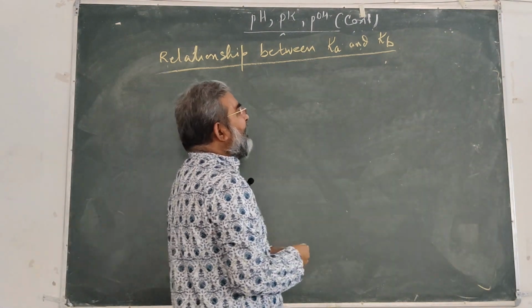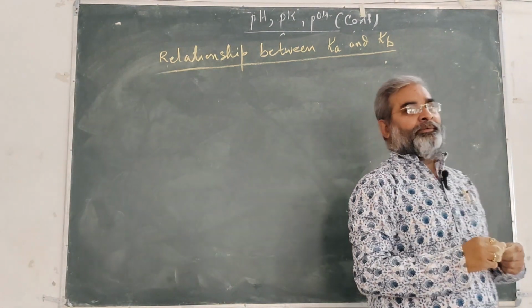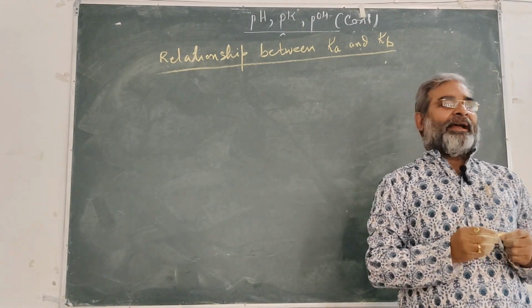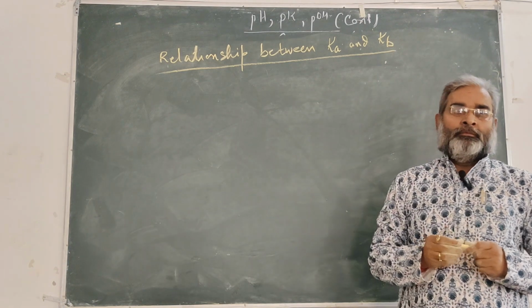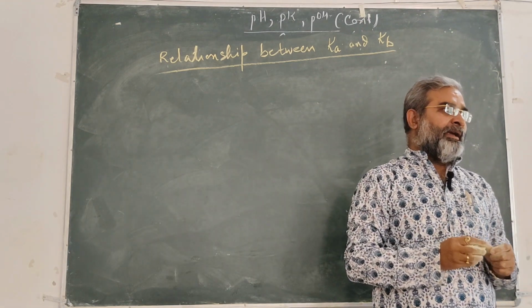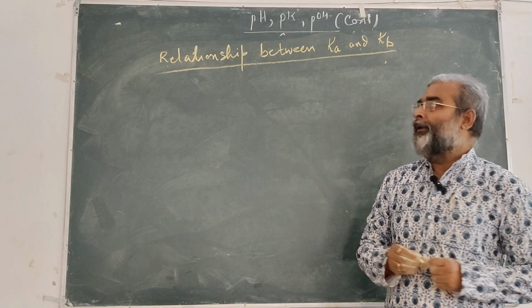Relationship between Ka and Kb. Ka means kinetics of acid and Kb means kinetics of base. Relationship between Ka and Kb.